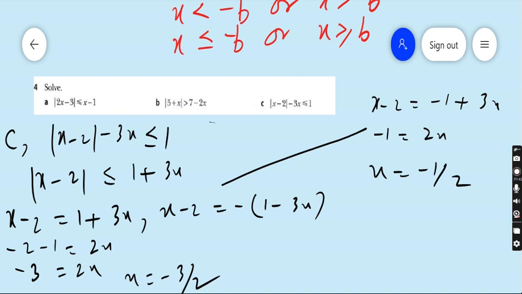So there are two critical values. One is minus 1 upon 2 and the other is minus 3 upon 2.